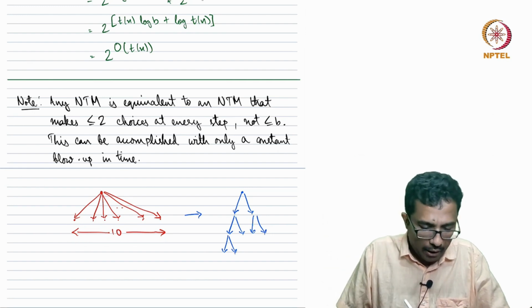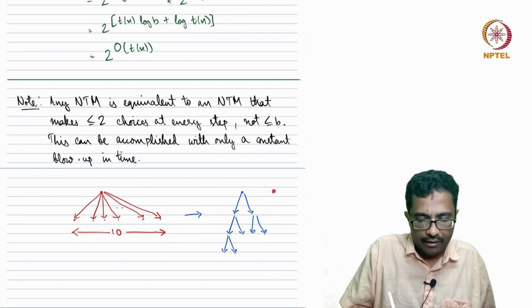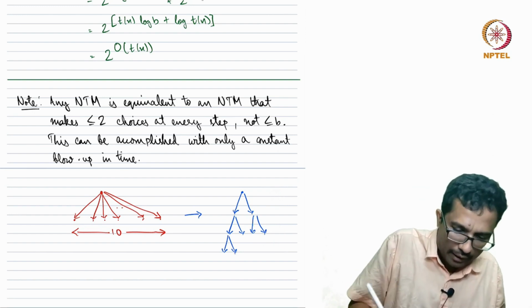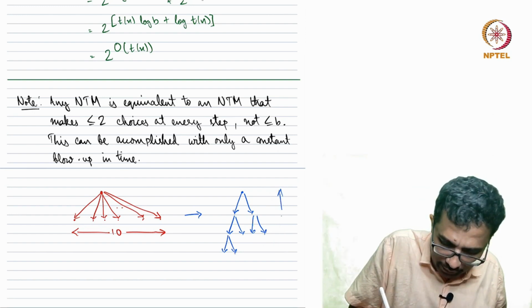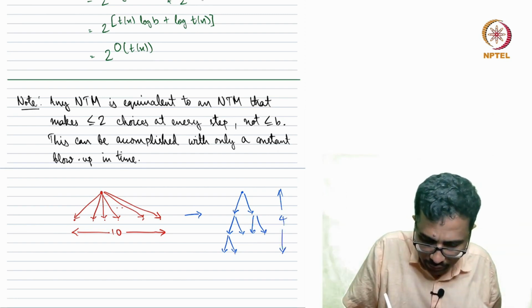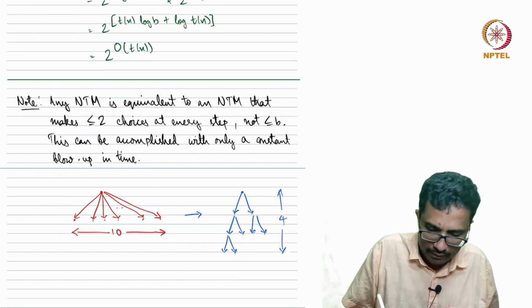So now to build a tree with 10 leaves, the height required is 4. Here I think I have marked 5 leaves, so maybe one more level we need to mark.